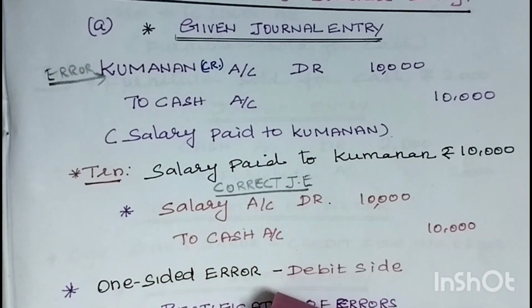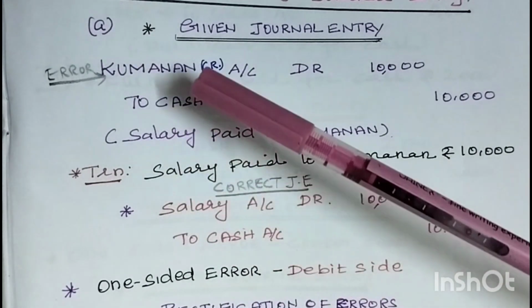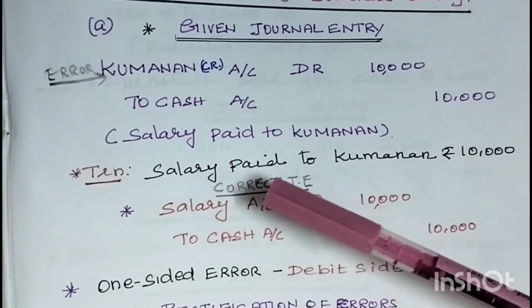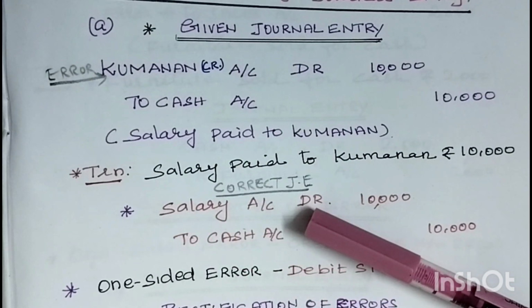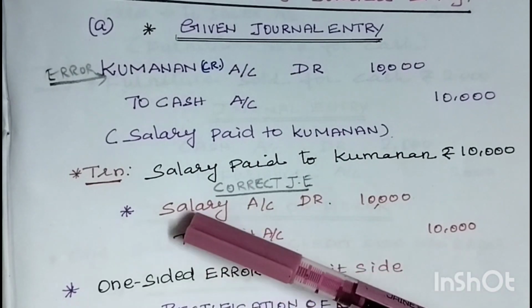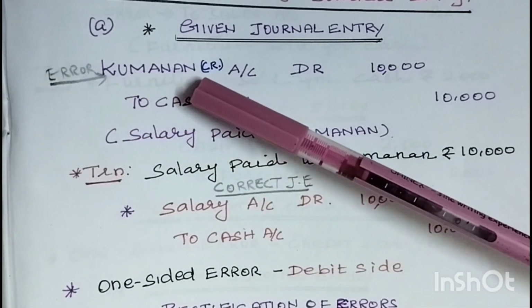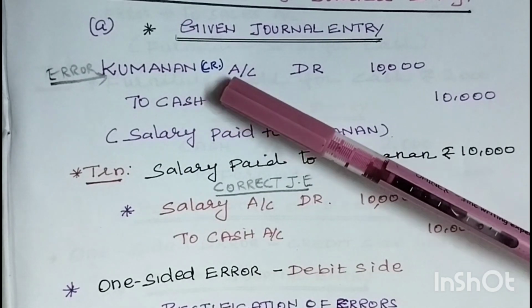This is a one-sided error. Instead of salary account, they entered Kumaran account. Salary paid means salary account debited. But instead of salary account on the debtor side, they entered Kumaran account. Okay, we found the error.